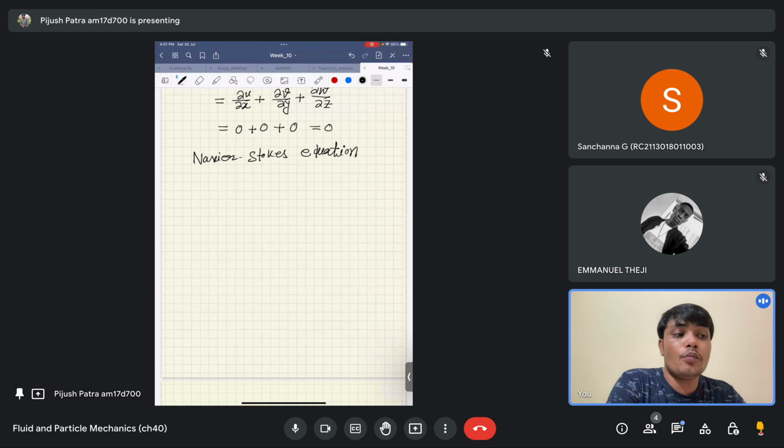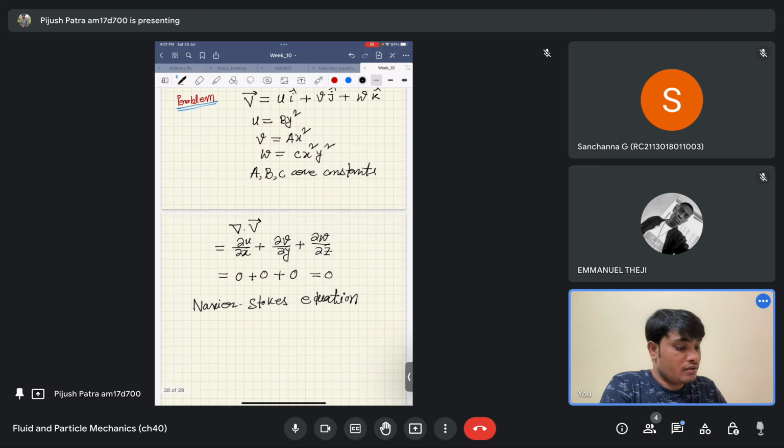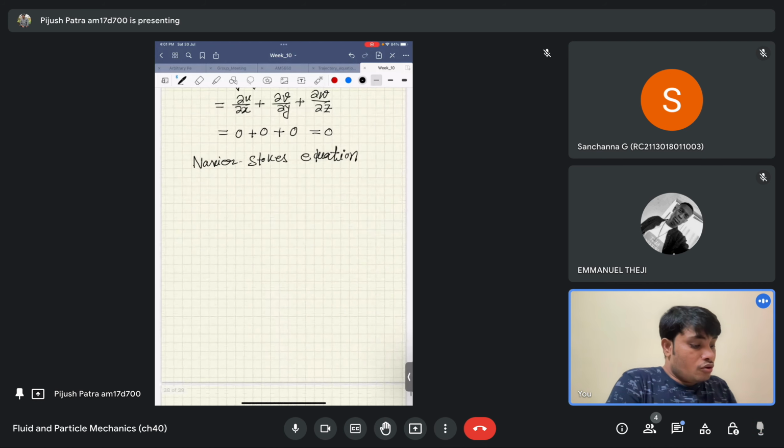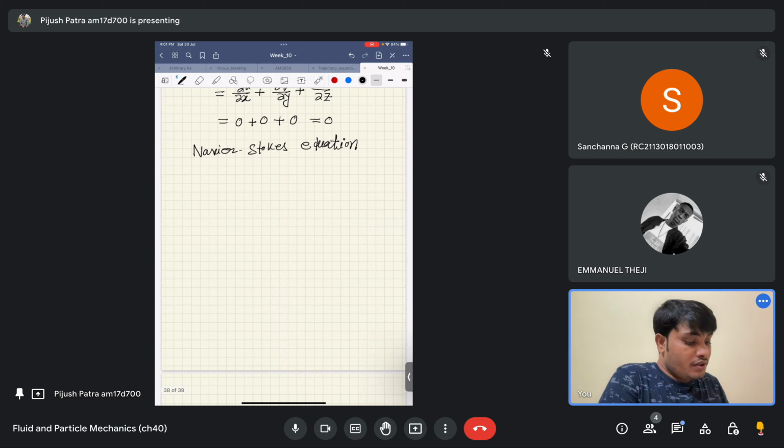Isotropic means that the properties are invariant about the axis. And for an incompressible fluid, as I said, divergence of V is equal to 0. So if I write the vector form of it, it will be simply... so you know the tensor? No, I don't think you know, right?